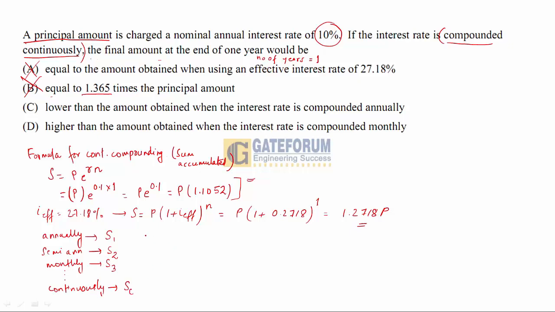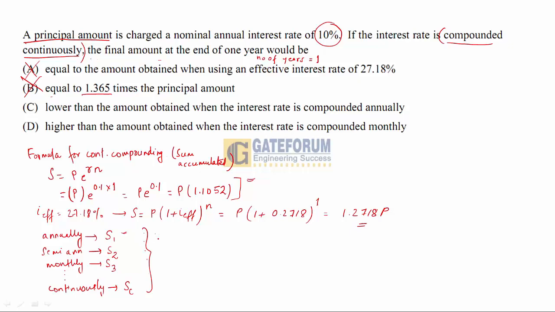So friends, what can we see from these values of sum? When the compounding is done only once at the end of 1 year, the sum is S1. Now when I'm saying that the compounding is done 2 times in a year, what I'm saying is that I have increased the interest periods in a year.